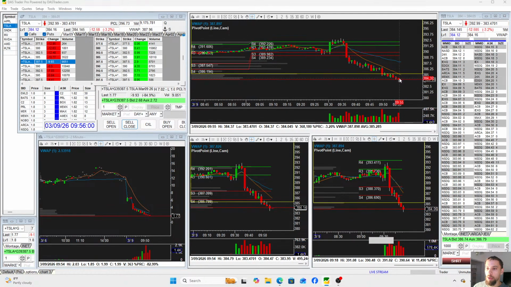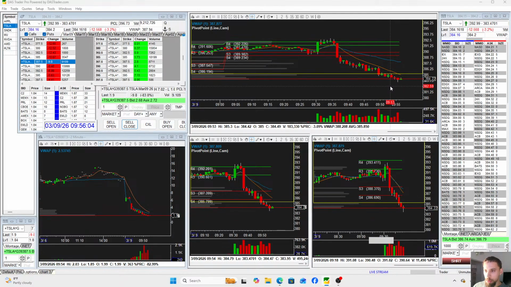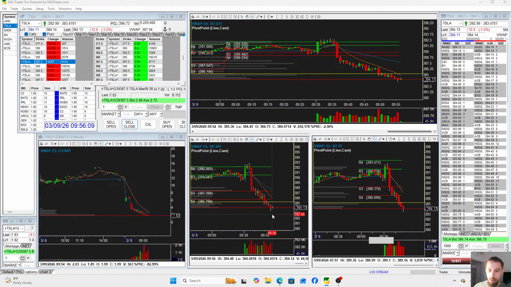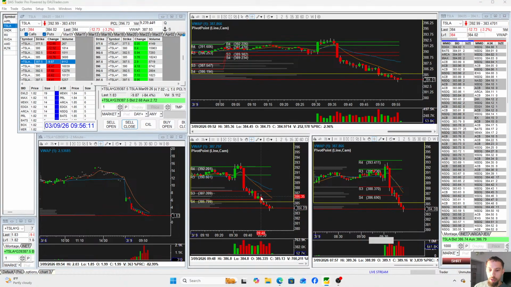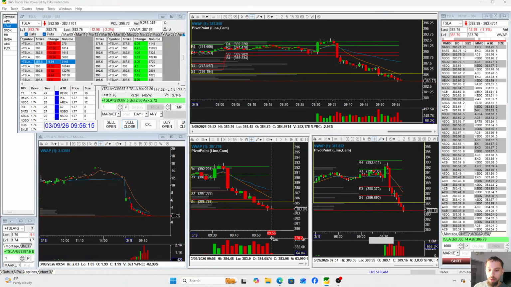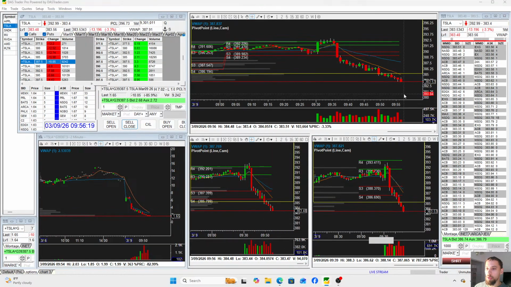Volume's picking up and we aren't moving down. Still a red candle. So still just watching. We look at the 2-minute candles. Still a red candle, a lot of volume. But there was a little bit of buyers stepping in, so now we're just watching.